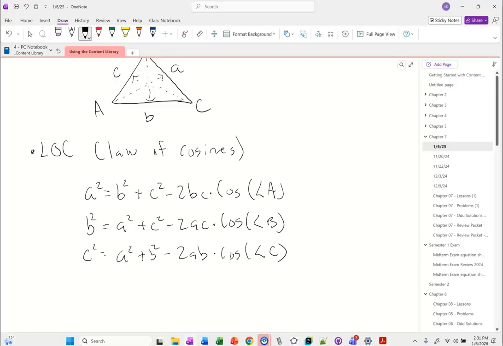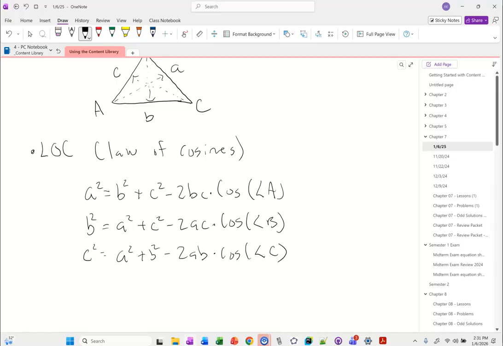So we have a non-right triangle. We have these two options of things we can use, law of sines and law of cosines. The natural next question you should have is, how do I know which one I should use? I know I've got to use one or the other.